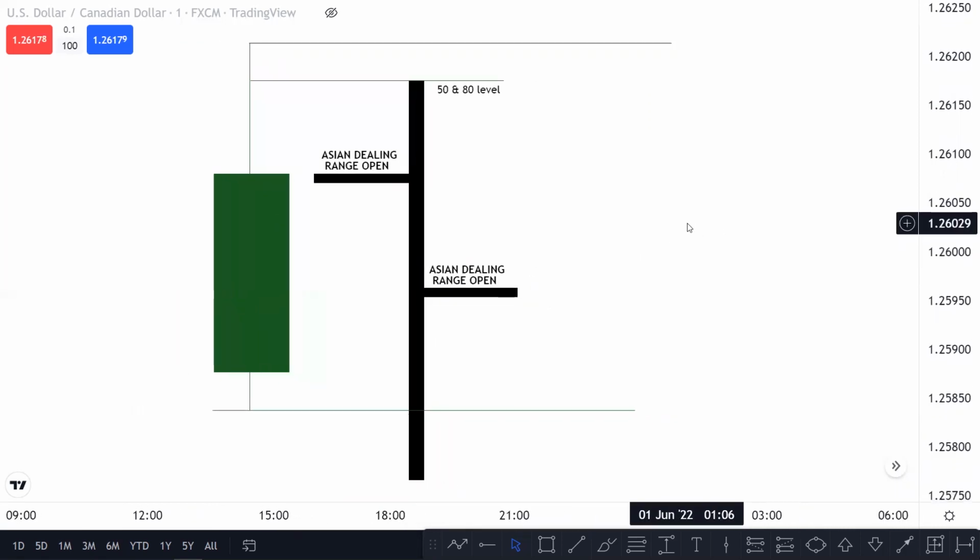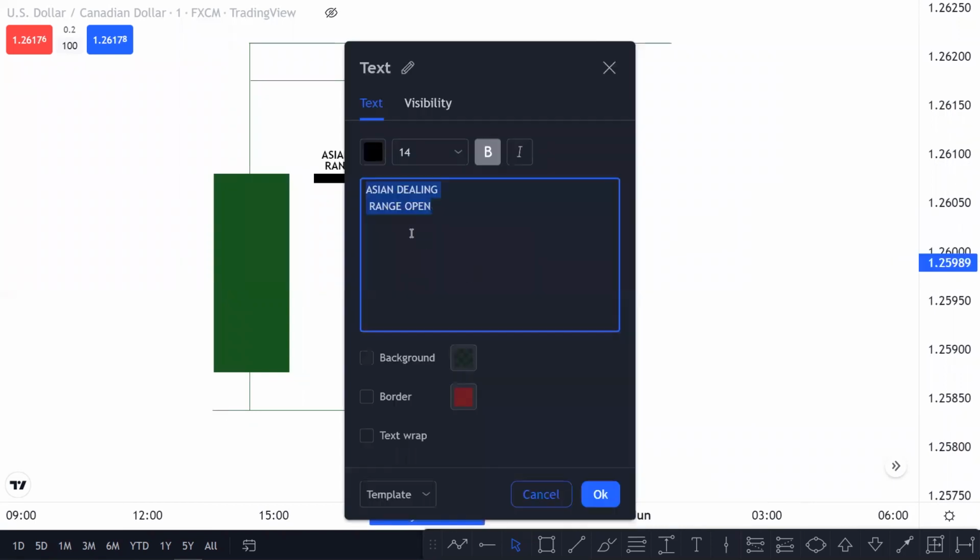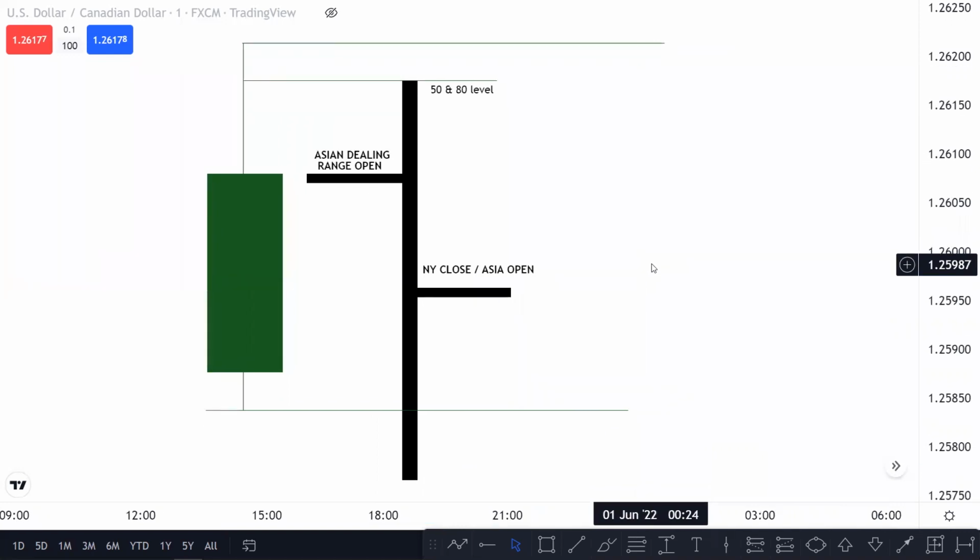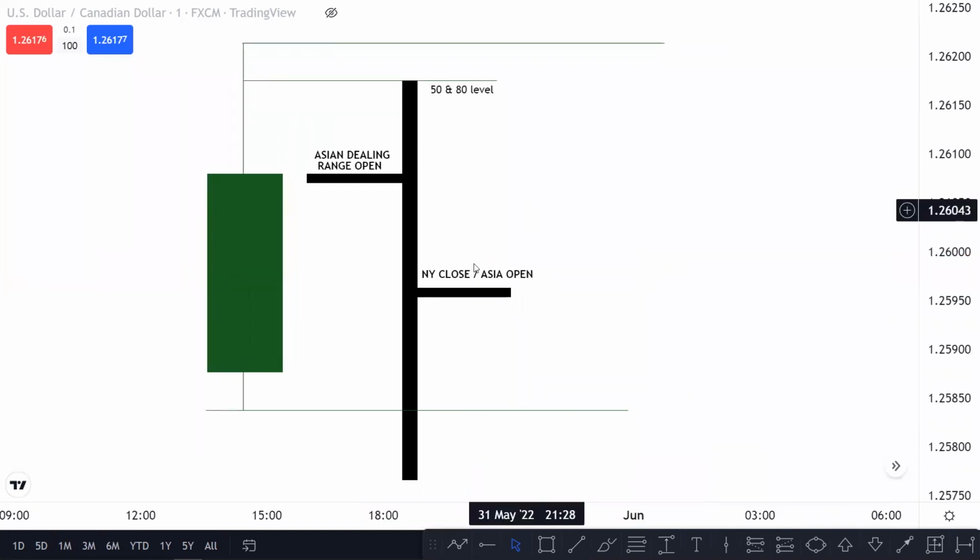When New York closes, let's just call this the New York close, Asia opens. Maybe you can understand it better now. When New York closes, Asia opens.